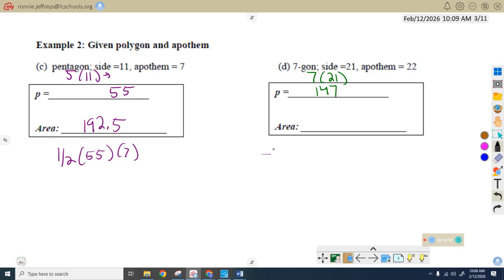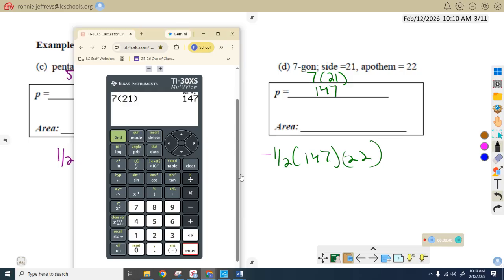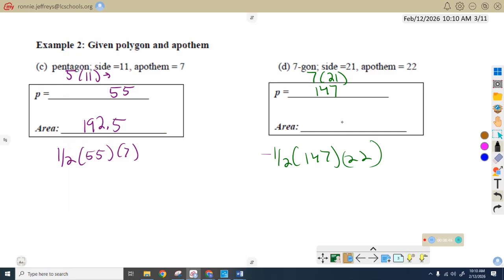So my area would be 1/2 times 147 times my apothem, 22. Times 0.5 times 22. Alright. Now, again, we don't have a unit of measure, so we just leave it like that. That's all we do.